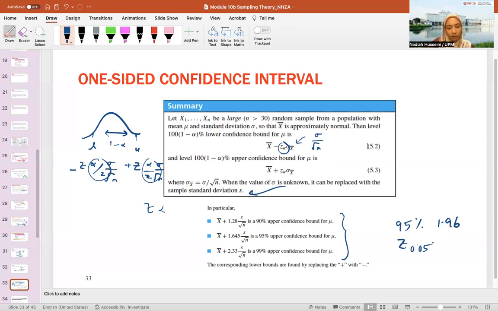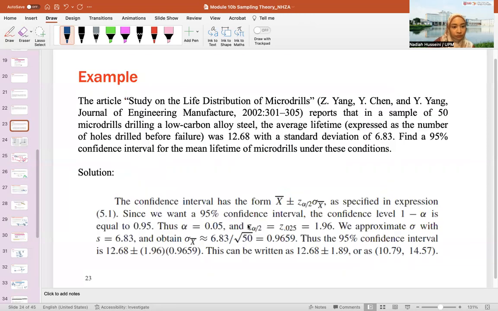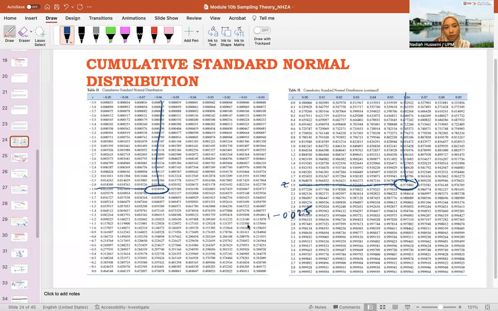So let's do that. Do we really get 1.645? In case you don't remember these values, you can look up the CDF table. We want a value of Z alpha to be 0.05. Just now we were trying to find 0.025, right? So 0.05, I'm trying to find from the negative side because it's easier that way. 0.05 would give me something over here.